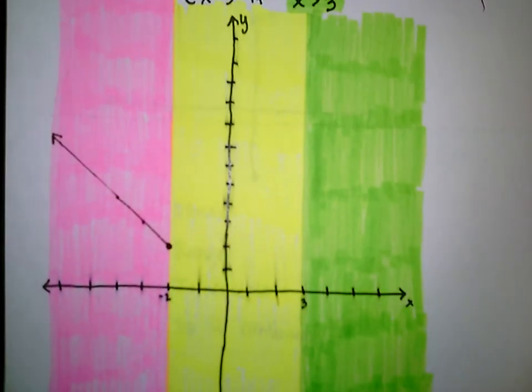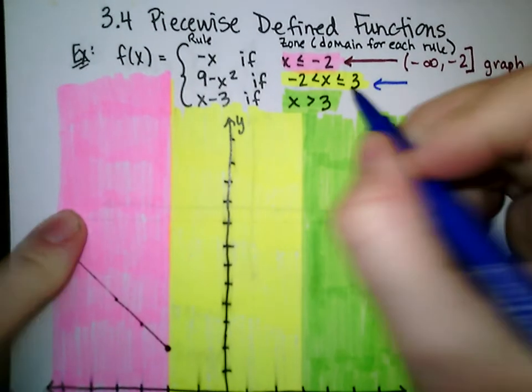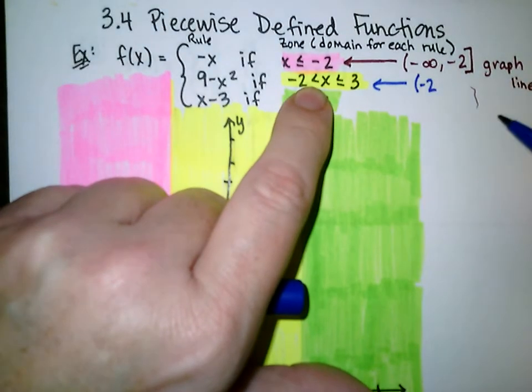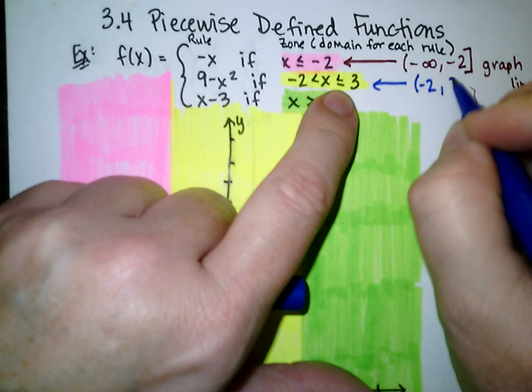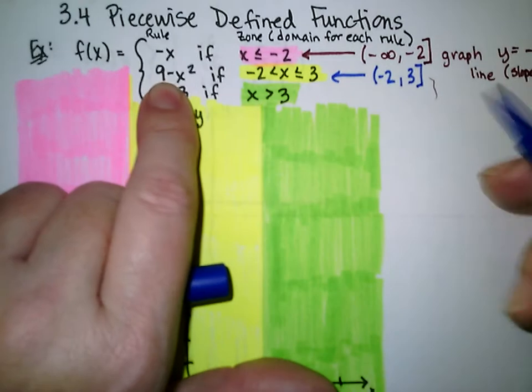Then I'm going to look at my next zone, which is this guy here. And that goes from -2 with an open boundary up to 3 with a closed boundary. And on that zone, I'm graphing this rule.